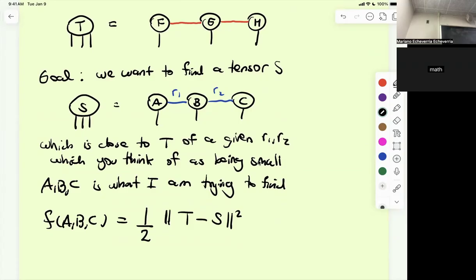So what I'm going to try to minimize is the distance squared from the tensor S to the tensor T. But I'm thinking of the tensor S as being determined by A, B, and C. That's why I'm writing a function of A, B, and C.